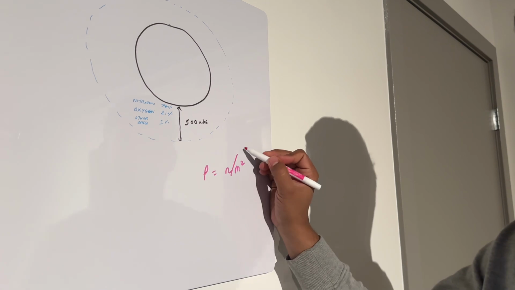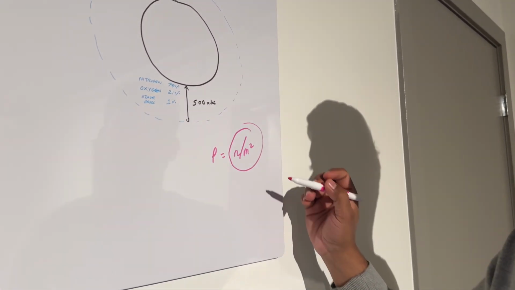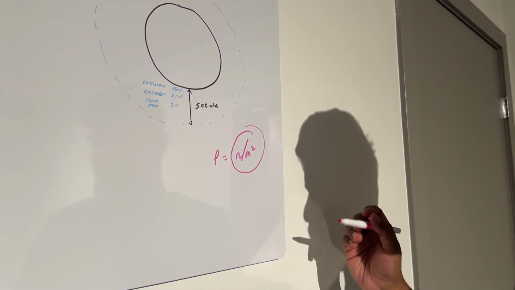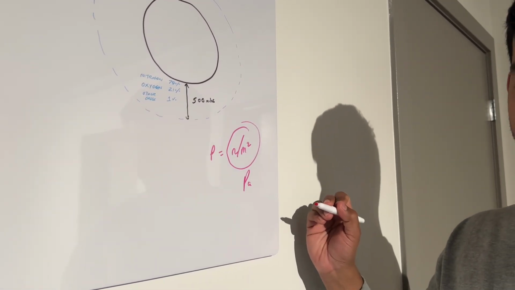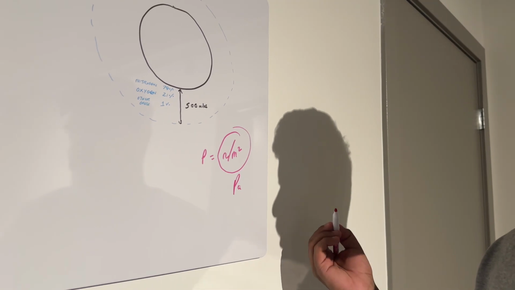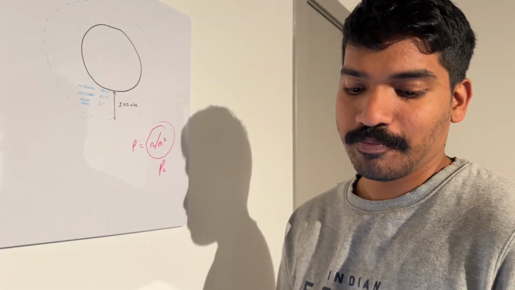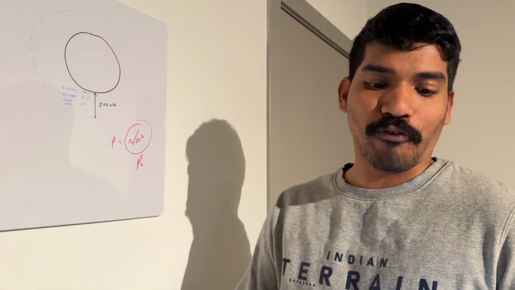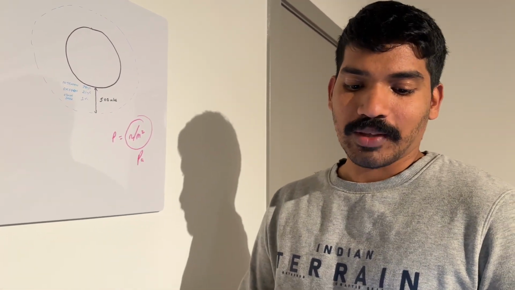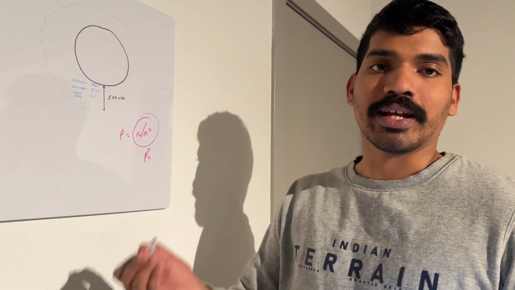This is what the value would look like, and it's called Pascal, right? The unit is Pascal, and in aviation, pressure is generally measured in bars, where 1 bar is equal to 10 raised to 5 pascals, and there's also millibar, where 1 millibar is equal to 1 hectopascal.